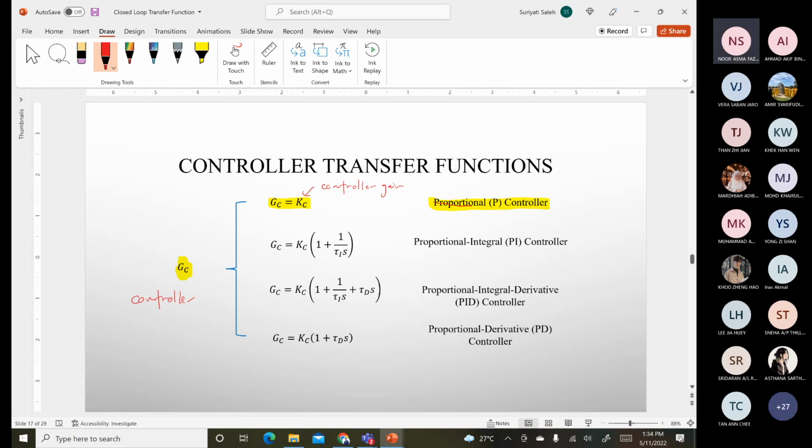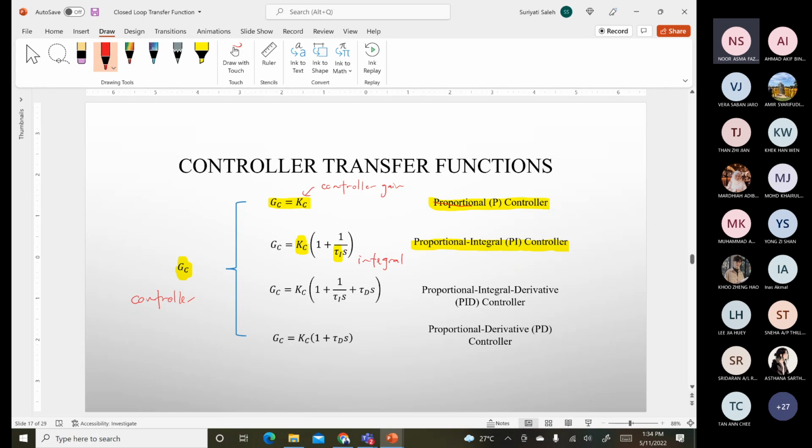And then the second type is the proportional integral, PI controller. In this PI controller, there are additional terms included. You have the Kc and the tau I. The Kc is the controller gain and the tau I is the integral.